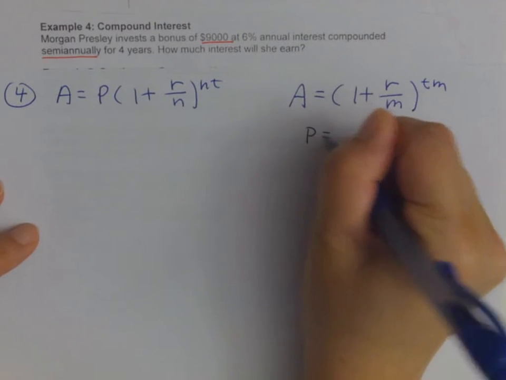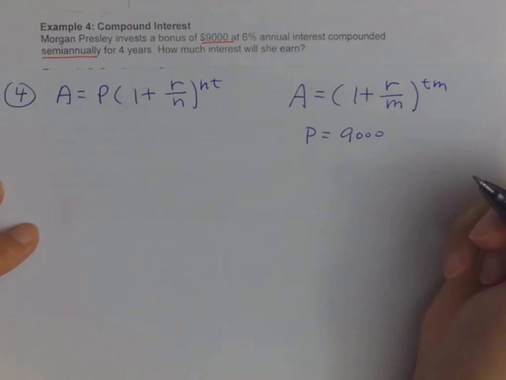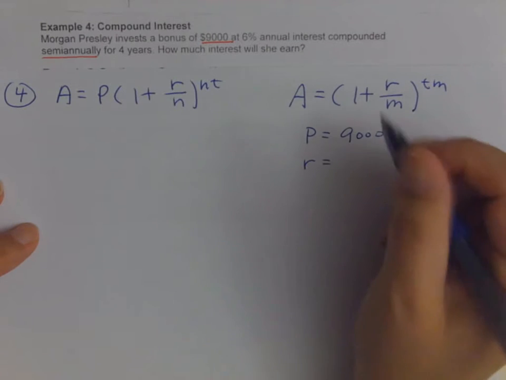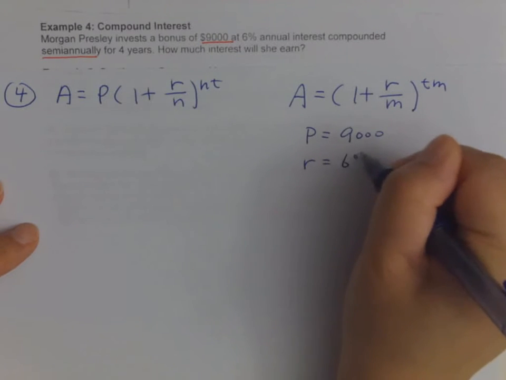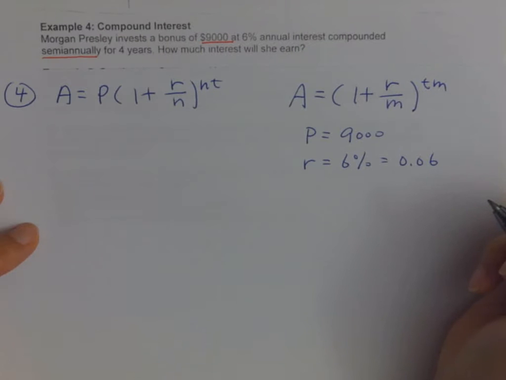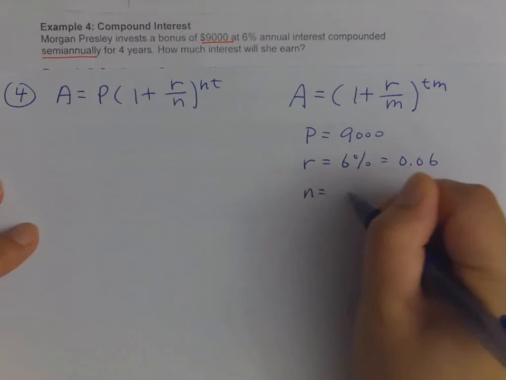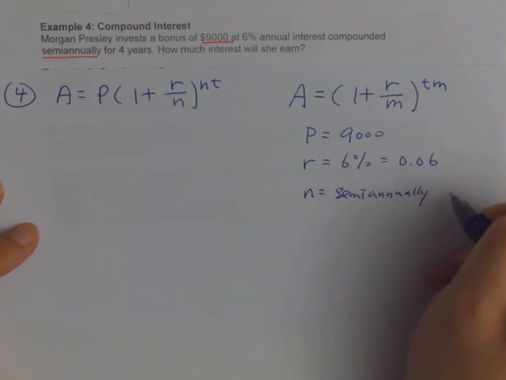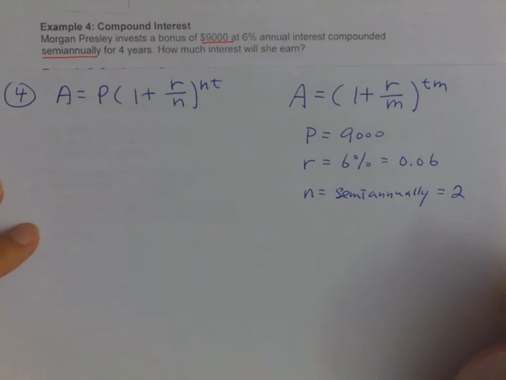It looks like my principal is going to be $9,000, right? The interest is 6%, which we need to convert to a decimal, 0.06. N is semi-annually, so it means twice a year, every 6 months.